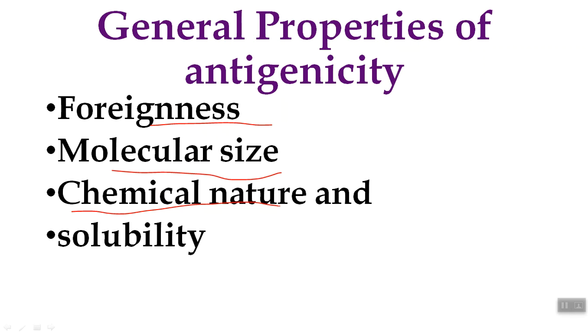This is lacking in the case of synthetic polymers. Their molecular complexity is less compared to naturally occurring macromolecules. So that is regarding the chemical nature. If it is more complex, the antigenicity is more; if less complex, antigenicity is less.